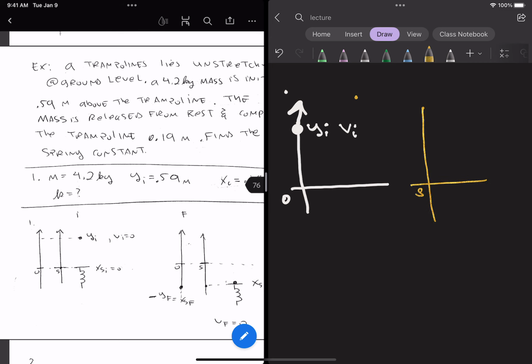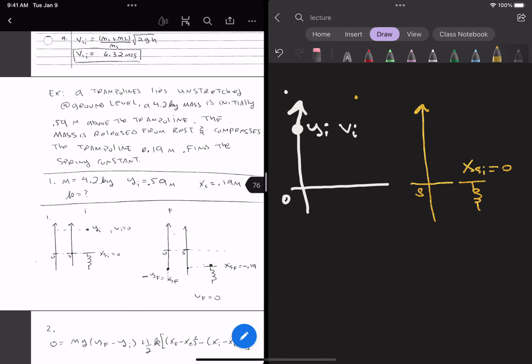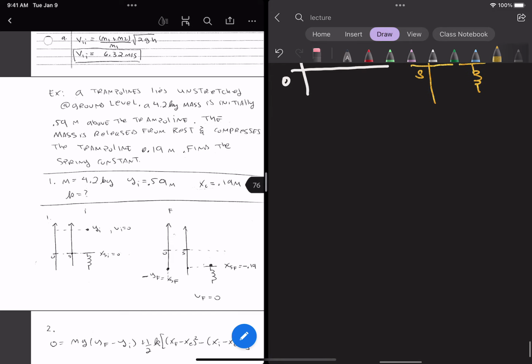I'm going to call this the origin for the spring position, and the spring starts here at the unstretched position. So the initial position of the spring, x spring initial, is going to be 0, because it's at the equilibrium position. Afterwards, the mass lands on the spring and compresses it downwards.